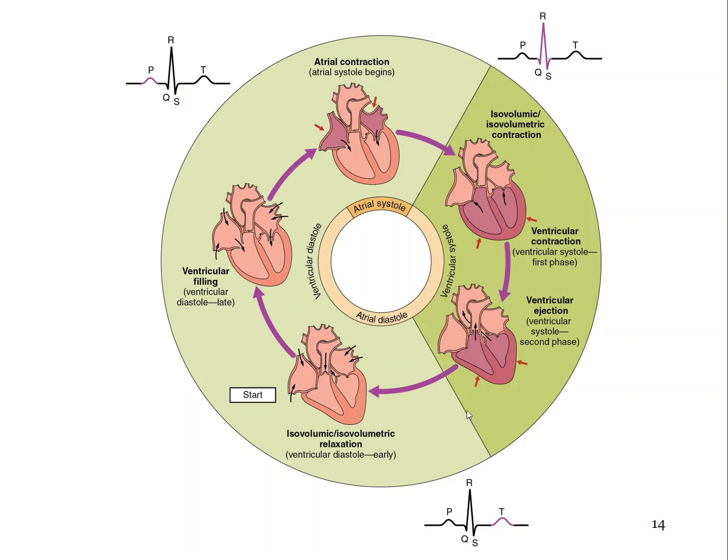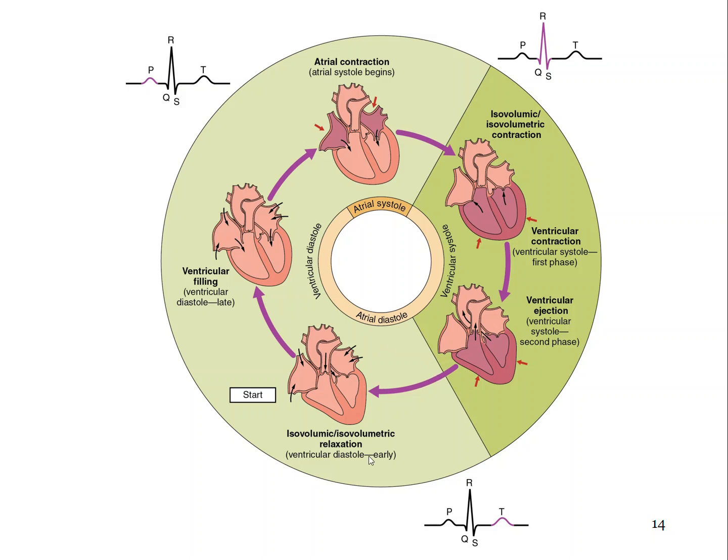So here is the start of each cardiac cycle. If you start from here, from the beginning of the diastole, as soon as the previous systole finishes, the diastole will start.